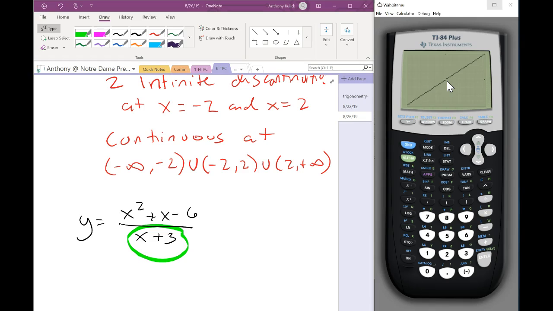How did I know to look for it? Because I had an x in the denominator, and I didn't see any discontinuity, but I knew there should be one there somewhere, because there are values of x that I know aren't in the domain, because I had x's in my denominator.